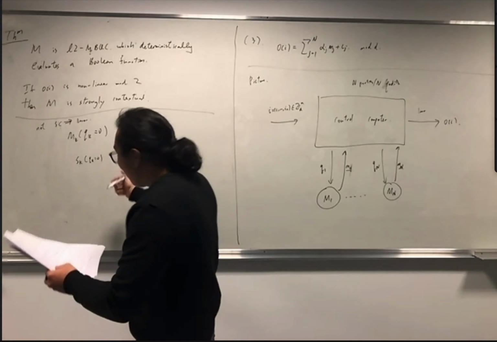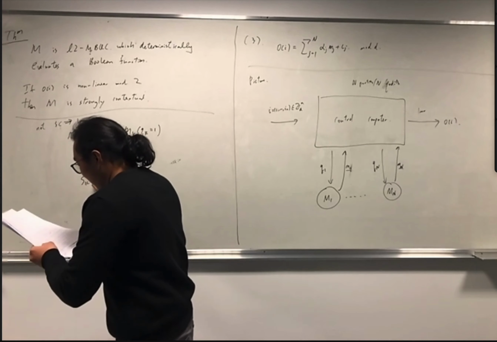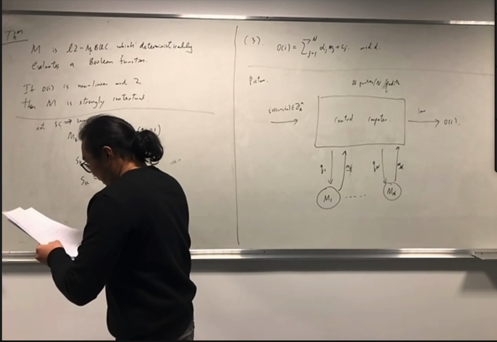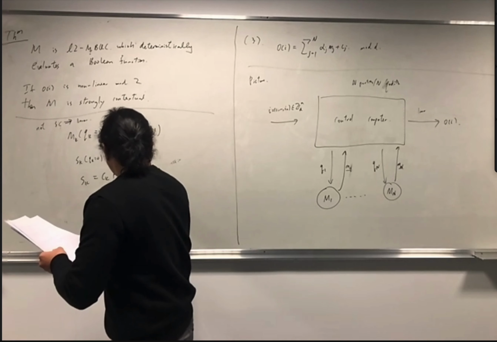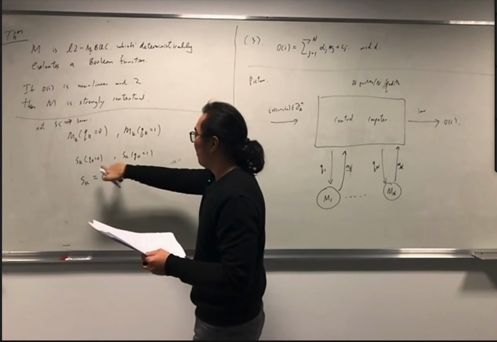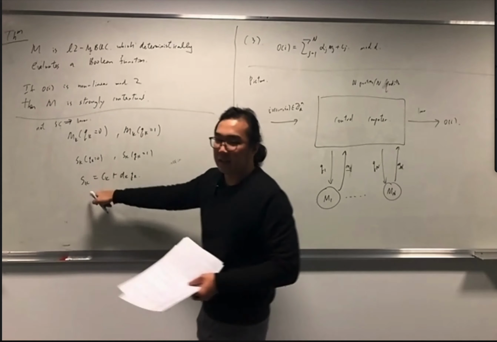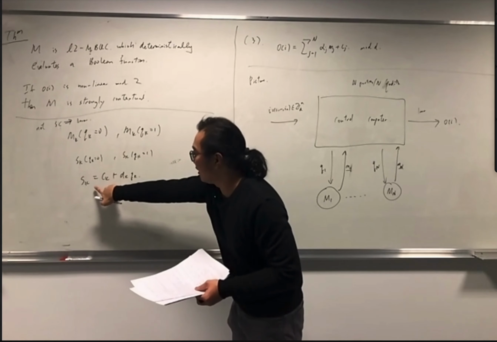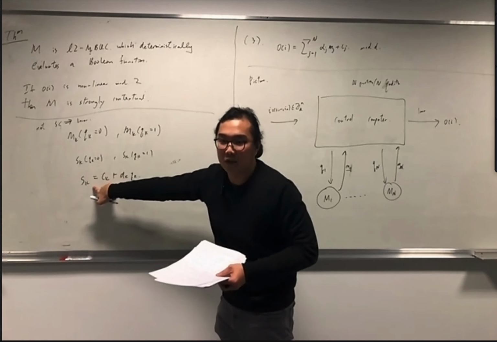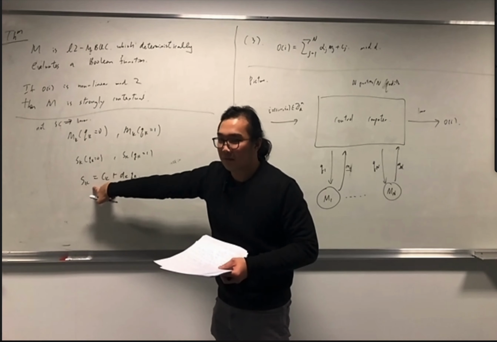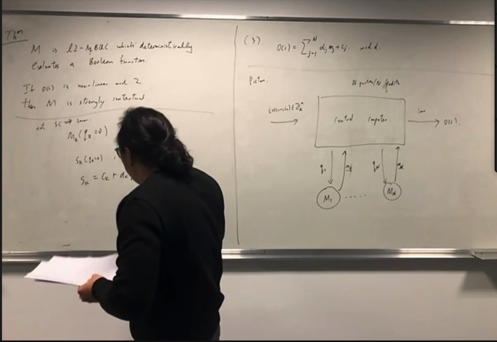And then you can form it into an equation, SK equals CK plus DK QK. Because you are taking the QK either 0 or 1, then you will output SK. Because this is fixed, you can express it into linear equations as follows.